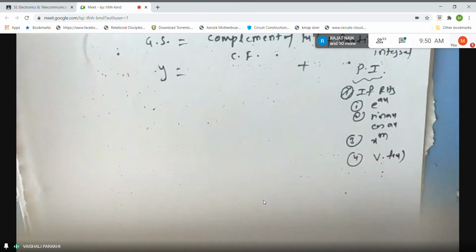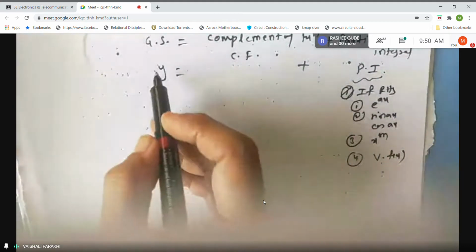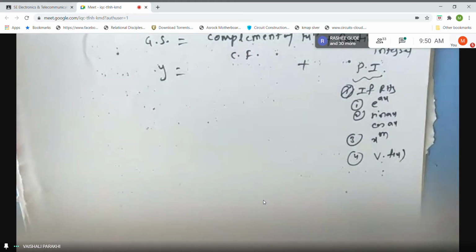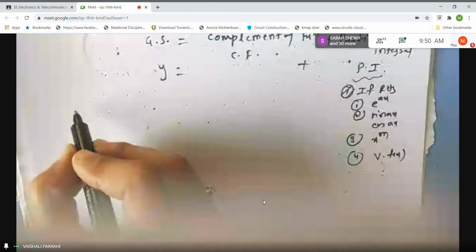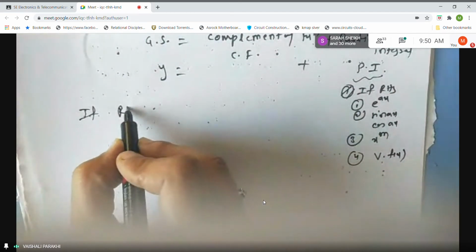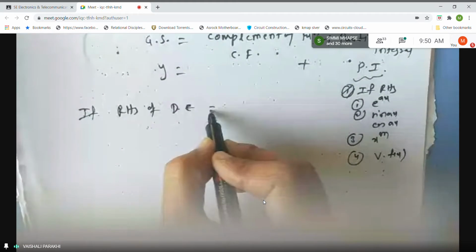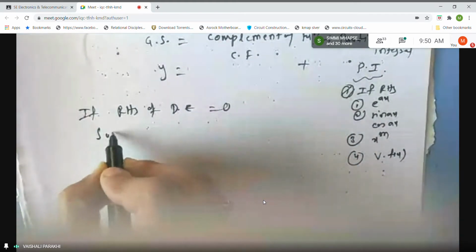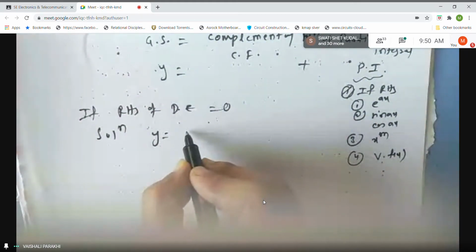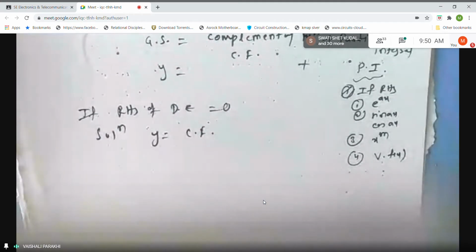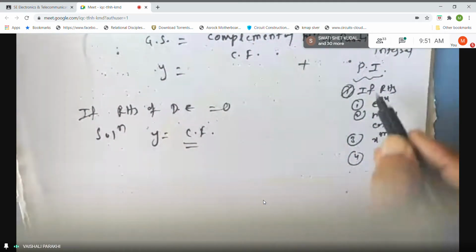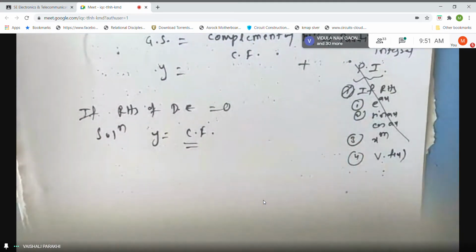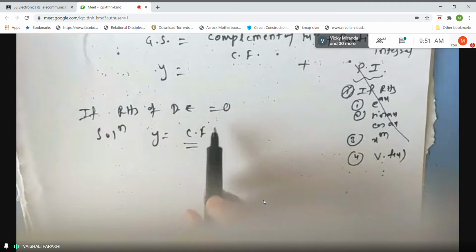But suppose the right hand side contains 0. There is no term in x. So if right hand side of the differential equation is 0, then the solution is only first part of the general solution, that is complementary function. So this part will not come into the picture when the right hand side of the given differential equation is 0, right?